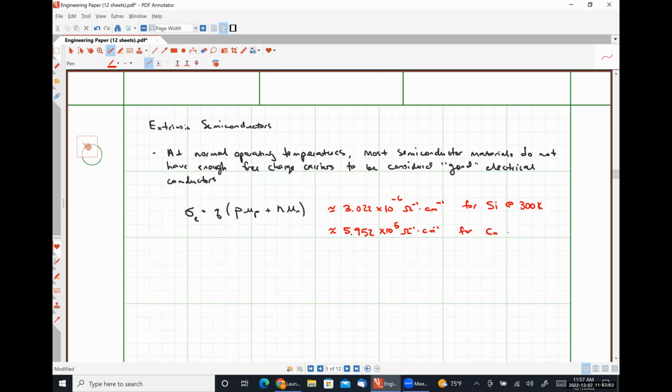Okay, so copper is what we would consider a very good conductor. And we can see that silicon's electrical conductivity at the same temperature without anything to help its conductivity out is 10 to the 11 times smaller, right? So effectively it behaves as an insulator. Ideally, if we want it to behave like a semiconductor, we want to raise that conductivity to somewhere around 10 to the 0, right? Or better.